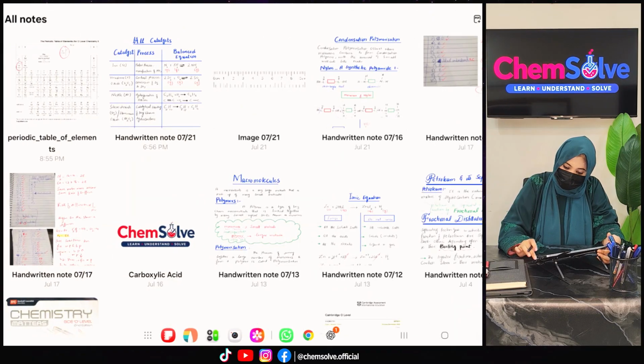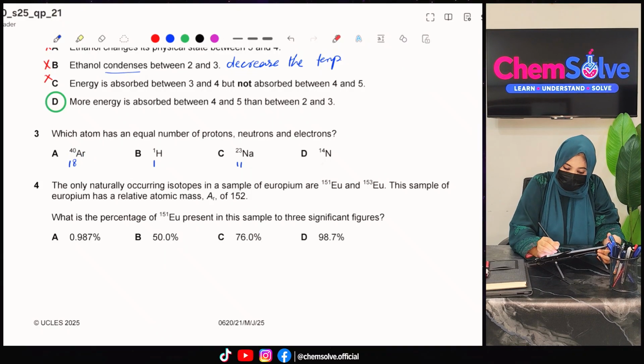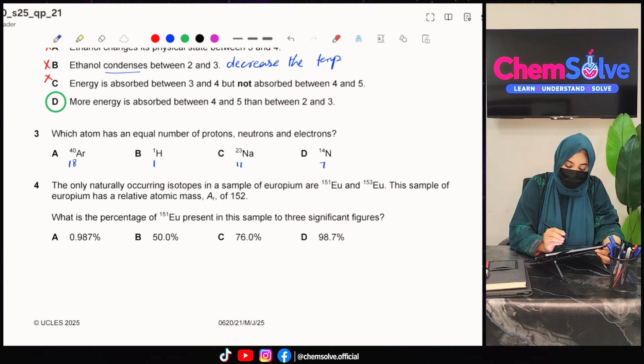So let's move towards our paper. It has atomic numbers 18, 1, 11, and 7. We know that the proton number is actually the atomic number.